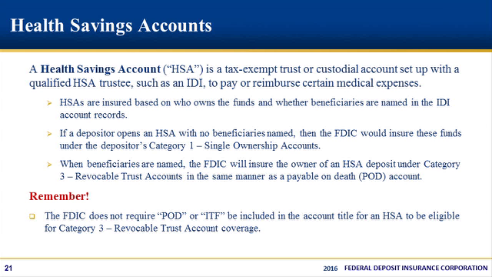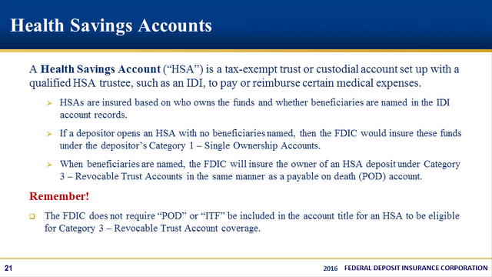But more often, we find that depositors establishing HSAs name beneficiaries on these accounts in the bank records, similar to a payable on death account. Therefore, when beneficiaries are named, the FDIC will insure an HSA deposit under Category 3 revocable trust accounts and insure the owner in the same manner as a payable on death account.